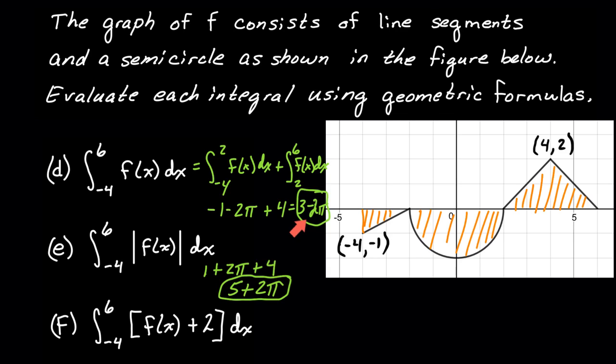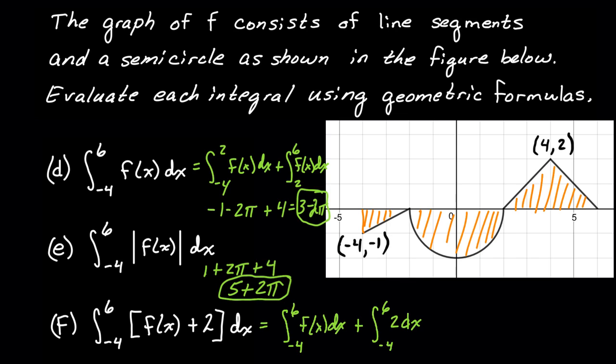That is not what this integral is saying to do. We need to write this integral as two separate things. So this would be the integral from -4 to 6 of f of x dx plus the integral from -4 to 6 of 2 dx. That's using that property where you are actually taking the integral of both terms.